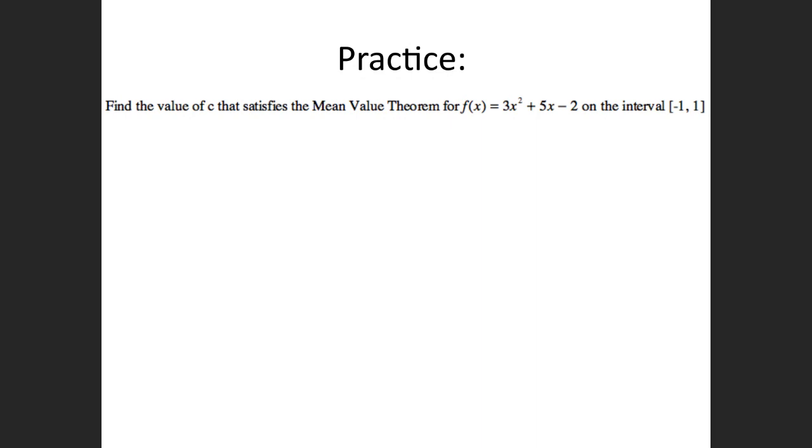Okay, any answers yet? What does C equal?